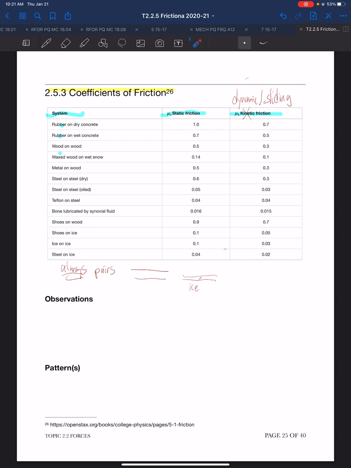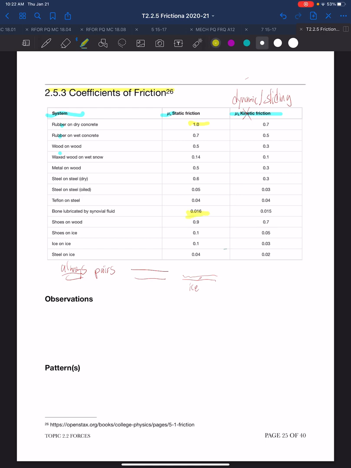Then when we look at the static friction values themselves, some observations are, let's see, our largest value so far seems to be 1. And let's look for our smallest: 0.14, 0.05, 0.04, 0.016. So that looks like our smallest value.